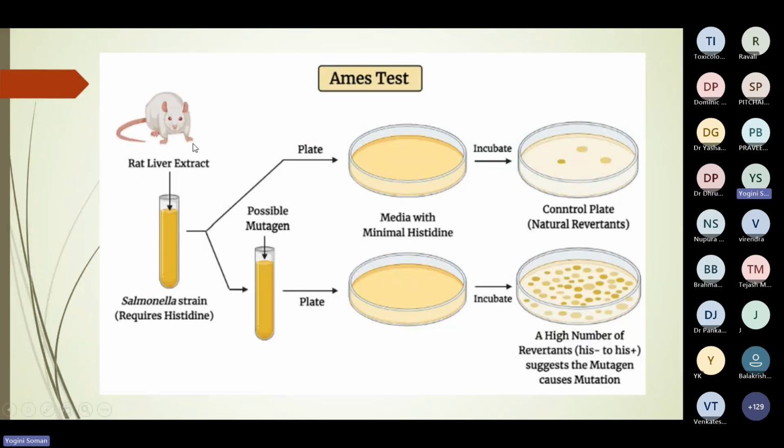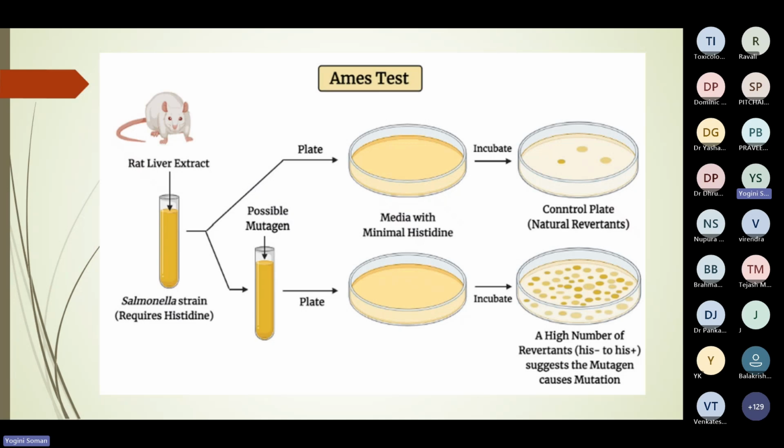In the diagram, they have shown the rat liver extract, the Salmonella strain which requires histidine, and the test item which is a possible mutagen. They have plated the entire mixture in the media with minimal histidine and incubated for 48 to 72 hours.